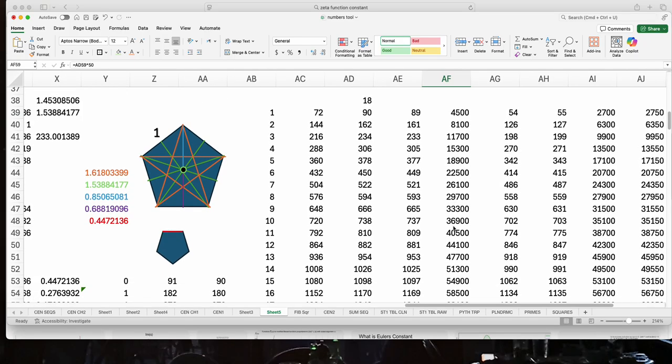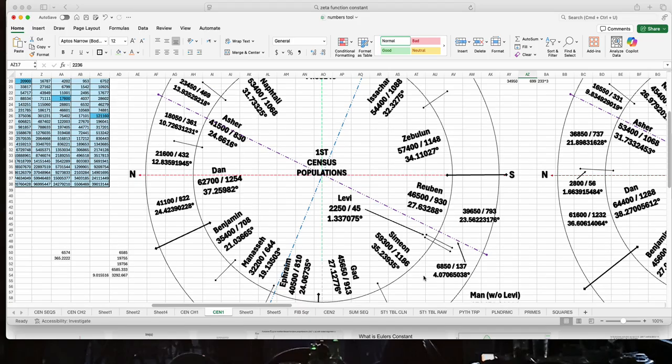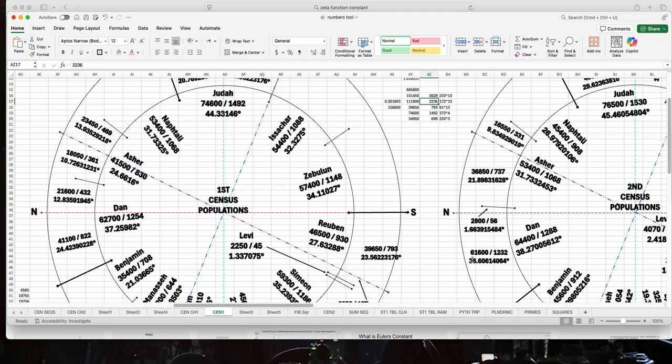It's just kind of interesting, some of these things. 737 again, when we look at the censuses, census 1, 737 was bifurcation of Asher right here in the second census. So that shows up.